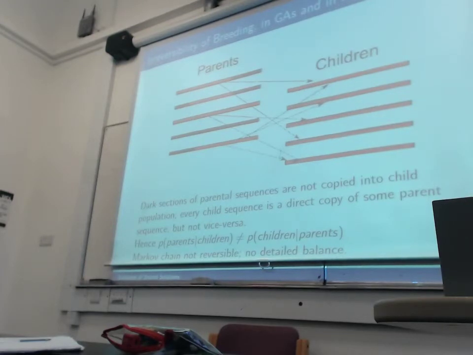There is a book by somebody called Michael Vose, V-O-S-E, who tries to do the really hard analysis of simple genetic algorithms as a Markov chain on populations, looking at transitions of populations, taking 1 point crossover and looking at the statistics of transitions. But it's really hard analysis. It's very complicated.